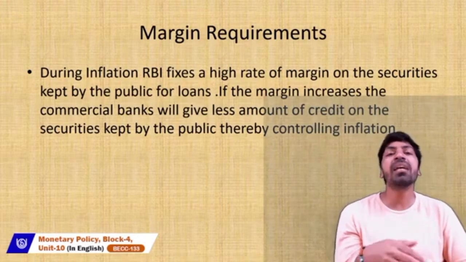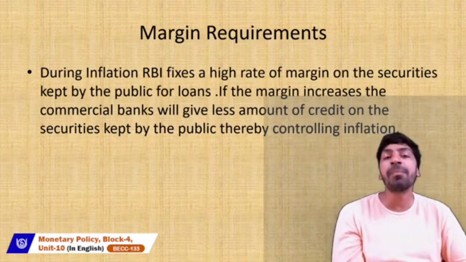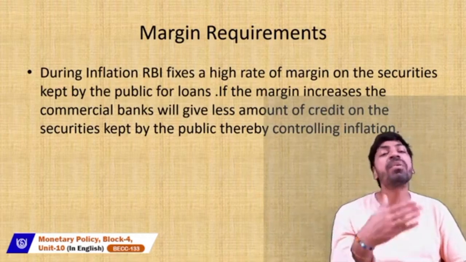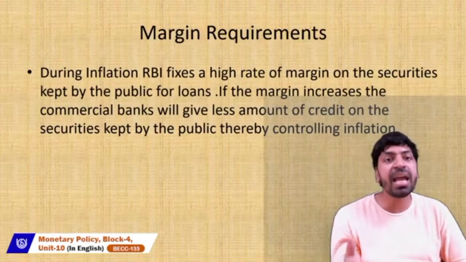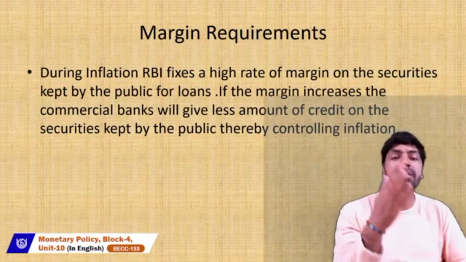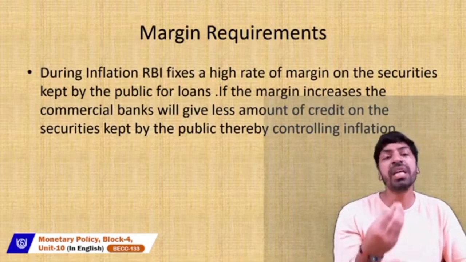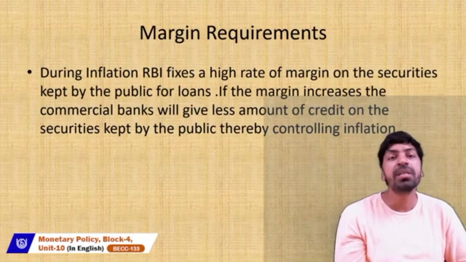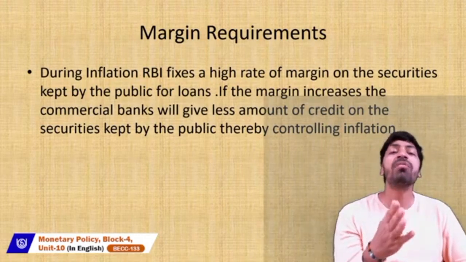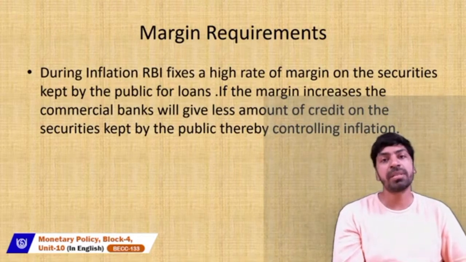So the commercial banks will provide the loan facility at a very small amount to the public, and automatically in this way the concern of inflation would get controlled. So that is called the margin requirement, which is one of the credit control instruments of monetary policy.